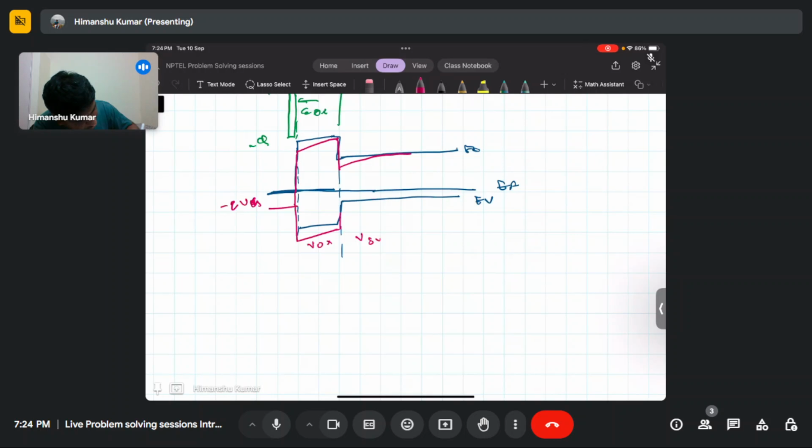In the bulk, the equilibrium condition prevails, and in this region this is your psi_s basically. As you can see, the conduction band is moving closer to the Fermi level.